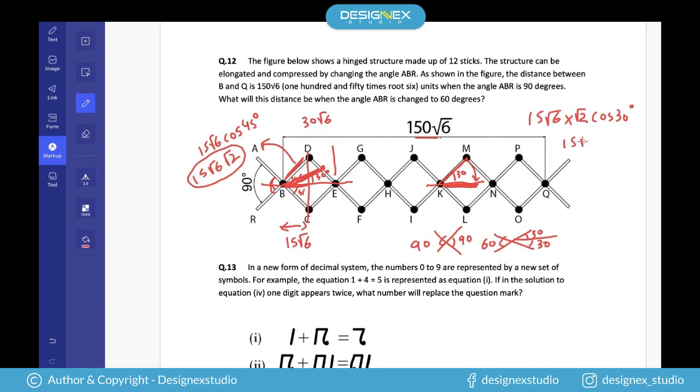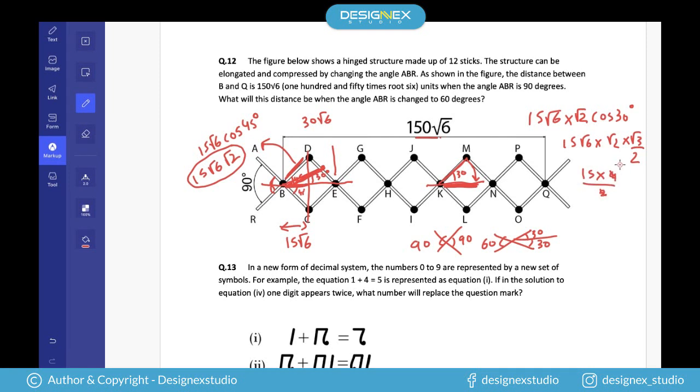So that is 15 root 6 into root 2 into root 3 by 2. So we can calculate: 15 into, this will be under root 36, so that would be 6.